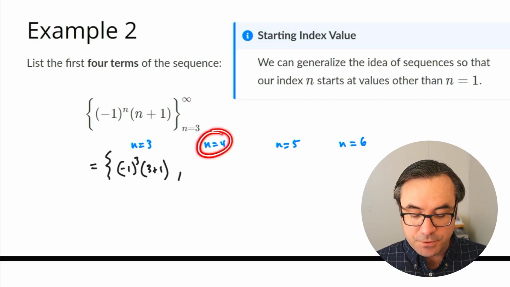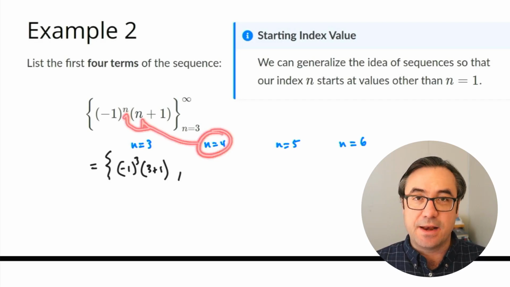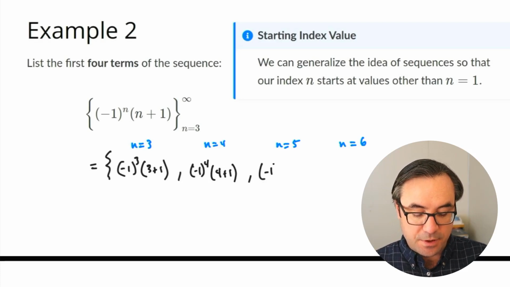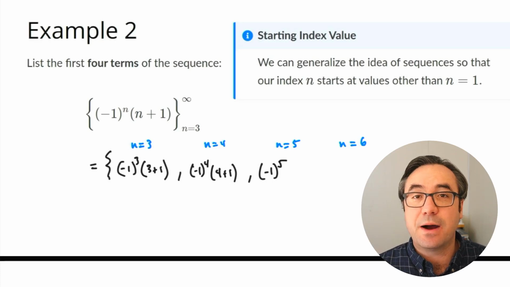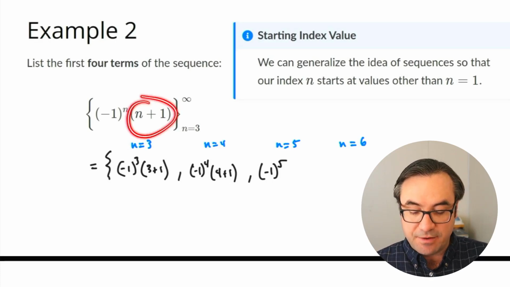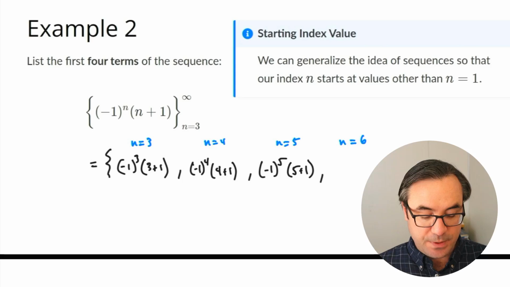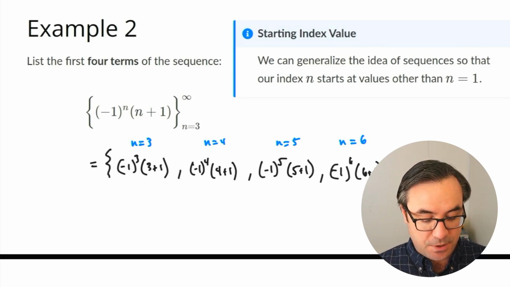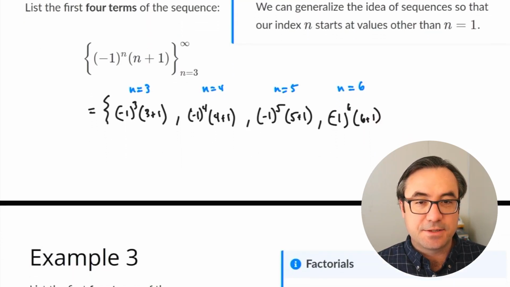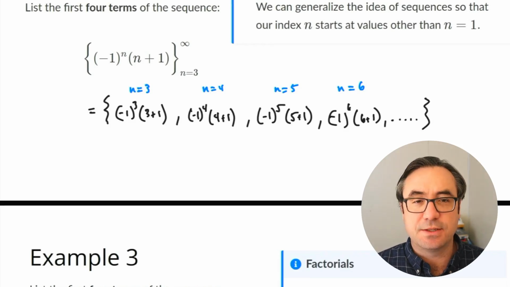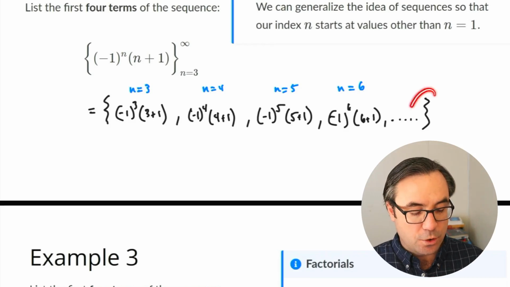And then I'm going to take n equals 4 and just plug it in wherever I see an n. So we get -1 raised to the power 4 times 4 plus 1. Then when we plug 5 in, we get -1 raised to the power 5 times 5 plus 1. And then for n equals 6, we get -1 raised to the power 6 times 6 plus 1. And we're just writing out the first 4 terms, but this continues on. So we'll put some dots, and then we'll close our curly bracket.